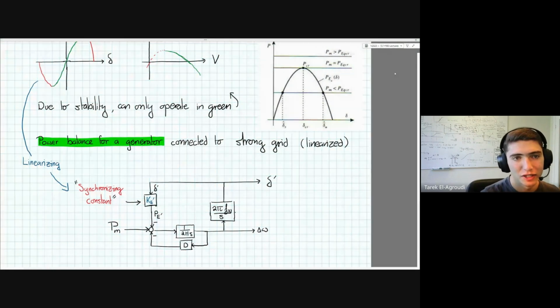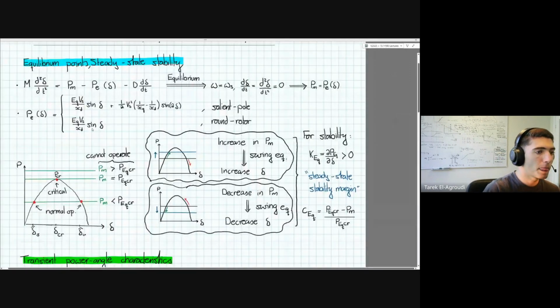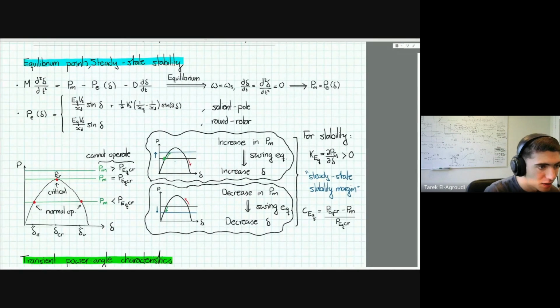But also you can just do this from an intuition point, which is a bit useful. If you consider that you're on this side now, and you consider for some reason, for example, an increase in your mechanical power, what happens then is that you have more mechanical power than electrical power, and so your rotor will accelerate due to the swing equation, so you will move to the right.